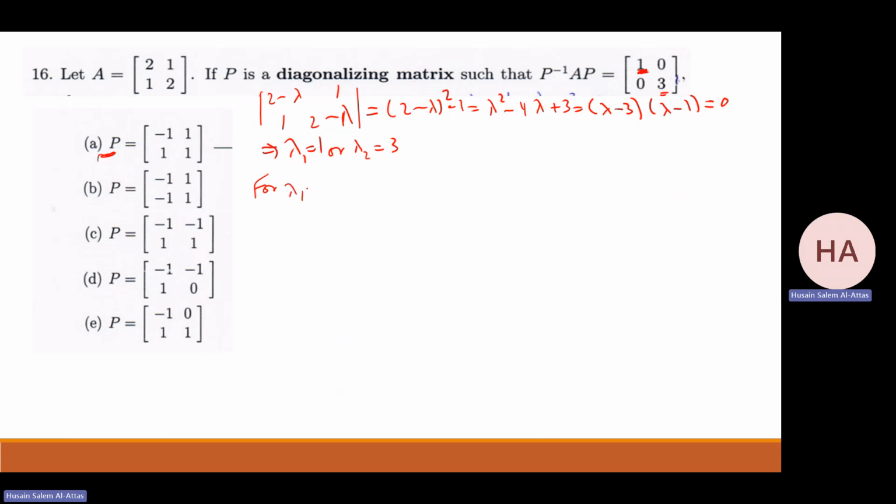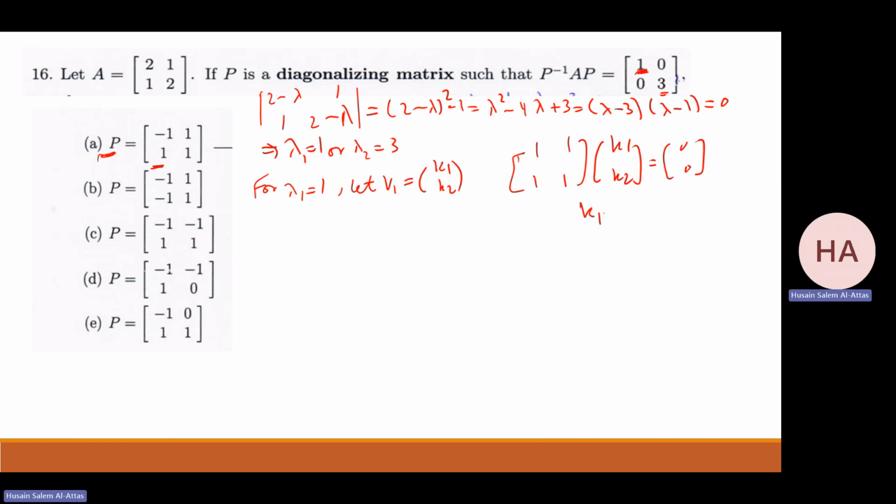So for lambda 1 equal 1, I let V1 be K1, K2. The order is important. This should be V1, the one with lambda 1 equal 1. So I have the system 1, 1, 1, 1 times K1, K2 equals 0, 0.